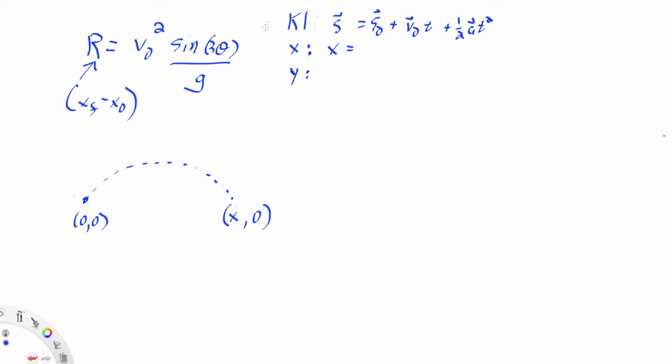But in that case, we come from our first kinematic equation. We start at 0. We have some part of the initial velocity in the x direction. We have 0 acceleration in the x direction. In the y direction, we're going to end up at height 0. We also started at height 0. We have some amount of the initial velocity in the y direction, and we also have some acceleration.